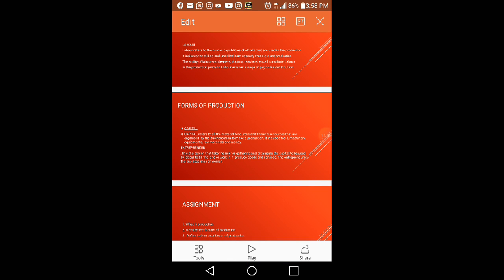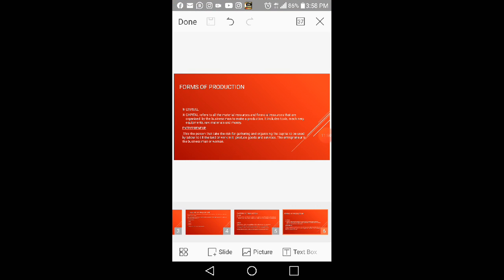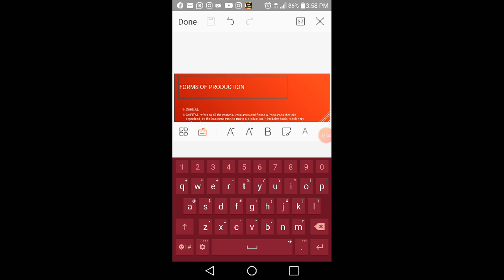Basically, there are three main forms of production which we'll be discussing in our subsequent lessons.